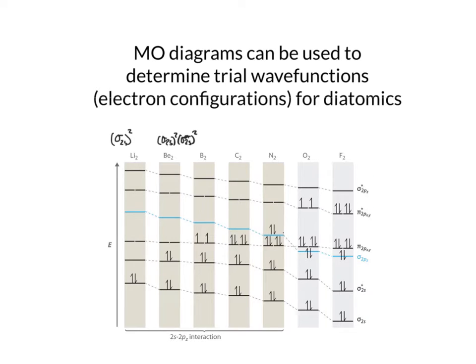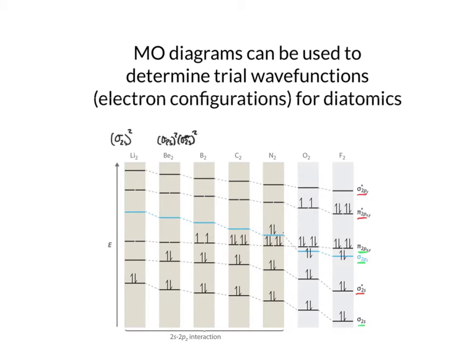In addition to thinking about the electron configurations, we can also determine a bond order for each of these diatomic molecules. To do this, we want to think about the fact that bonding orbitals add to the bond. Electrons in bonding orbitals help those atoms bond together, and electrons in anti-bonding orbitals take away from bonds.